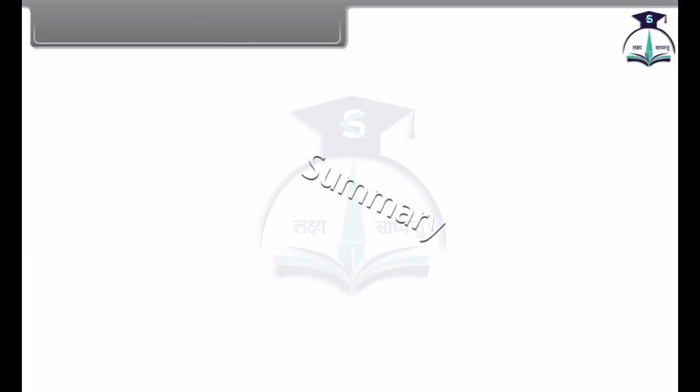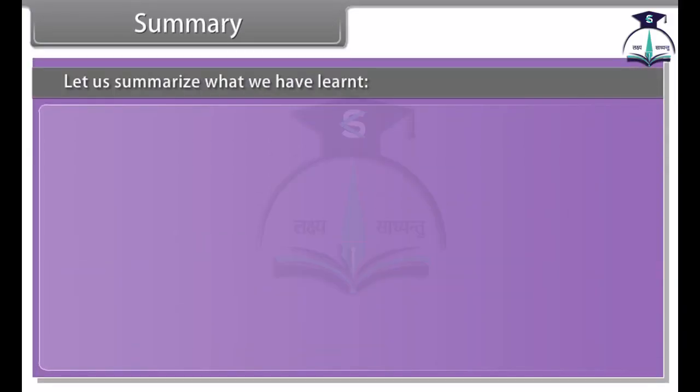Summary. Let us summarize what we have learned. If A is equal to [aij] of order m by n, then A dash or transpose of A is equal to [aji] of order n by m.